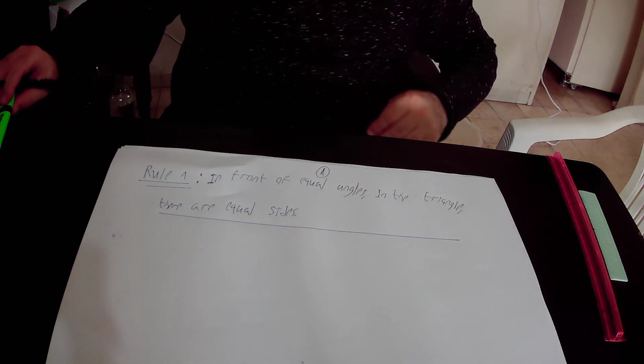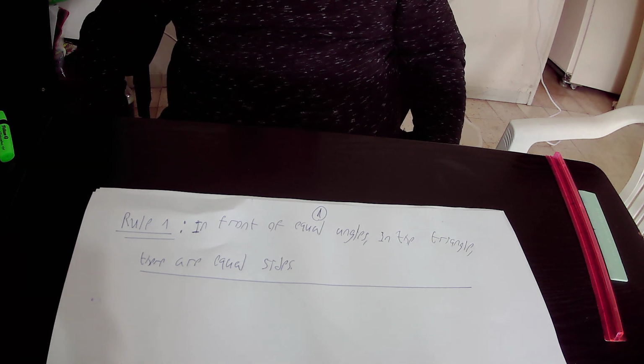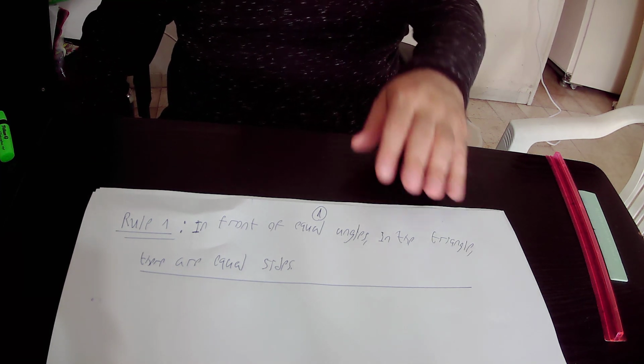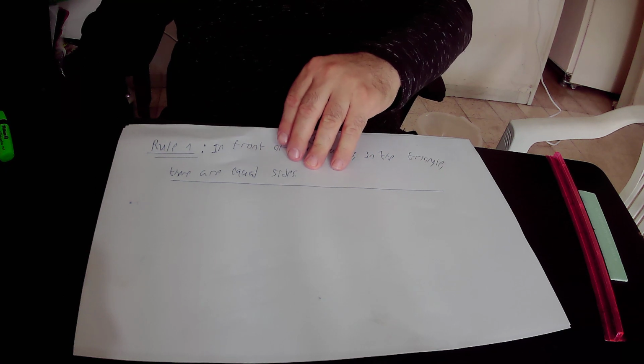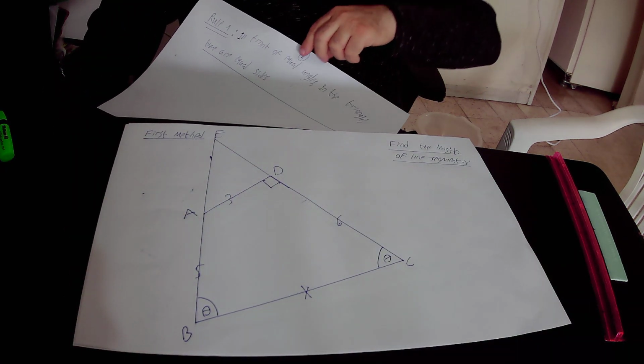According to rule number 1, in front of equal angles in the triangle, there are equal sides. So here we will relate to triangle EBC.